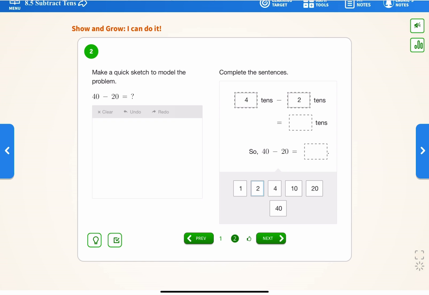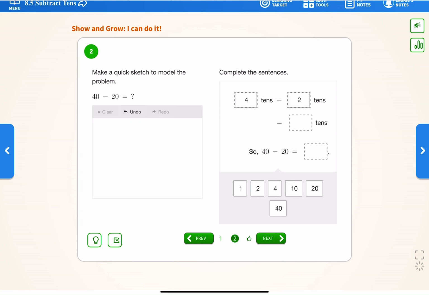Well, we have 4 in the tens place, so we'll draw 1, 2, 3, 4 to show that it's 40, because if we count 10, 20, 30, 40, we would get 40. Now, for 20, we have to show a number model that represents 20. But since we're taking away, we are going to be taking away these. So for 20, we will need 1, 2, right, to show that it's 10, 20.